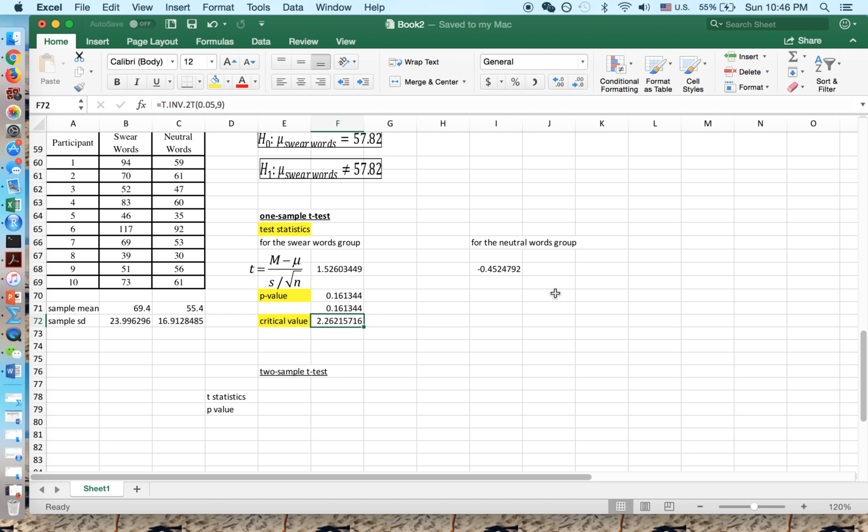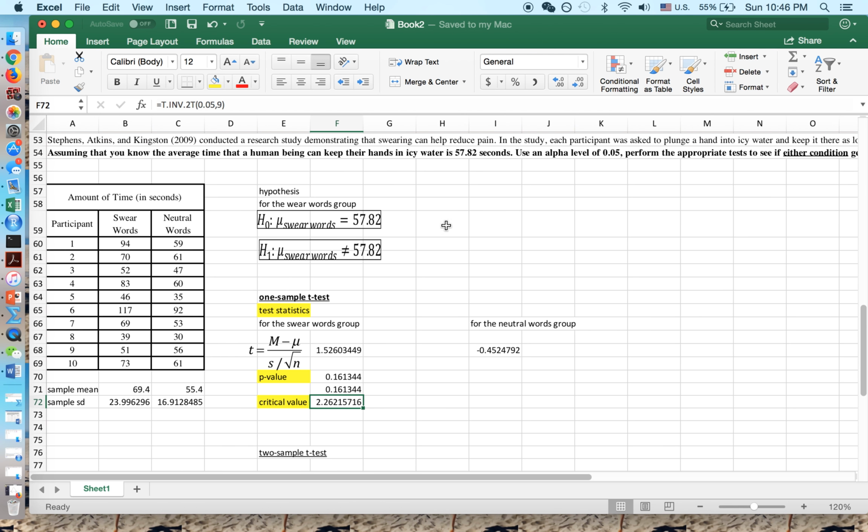So again, I fail to reject my null hypothesis. I don't have enough evidence to say that my group mean is significantly different from my assumed population mean. We cannot reject our null hypothesis. So let's find the p-value for this test statistic.